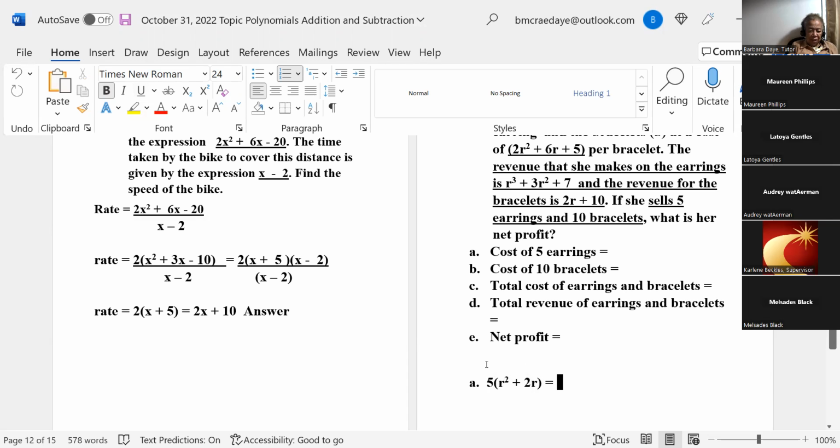Wait for the second. What's 5 times r to the second power, Maureen? 25? 5 times r to the second. 5 times r to the second power. It's just 5r to the second, right? So let's just put that there. Take out the paren. That's all it is. 5 times r to the second is just 5 times r to the second.